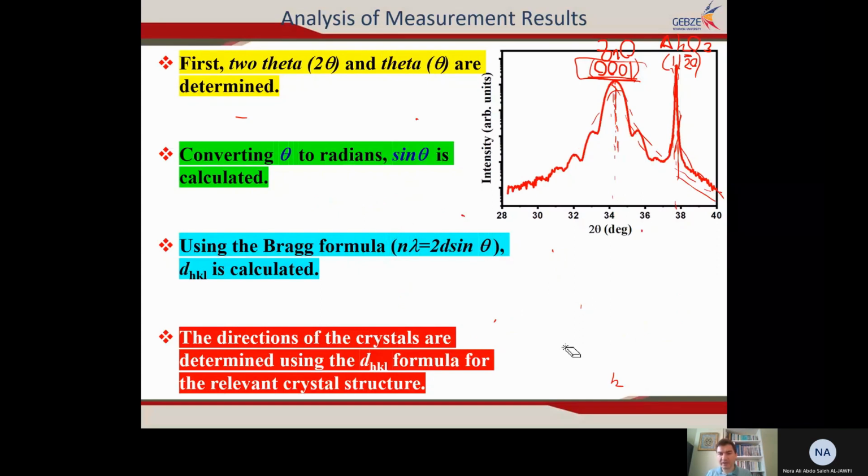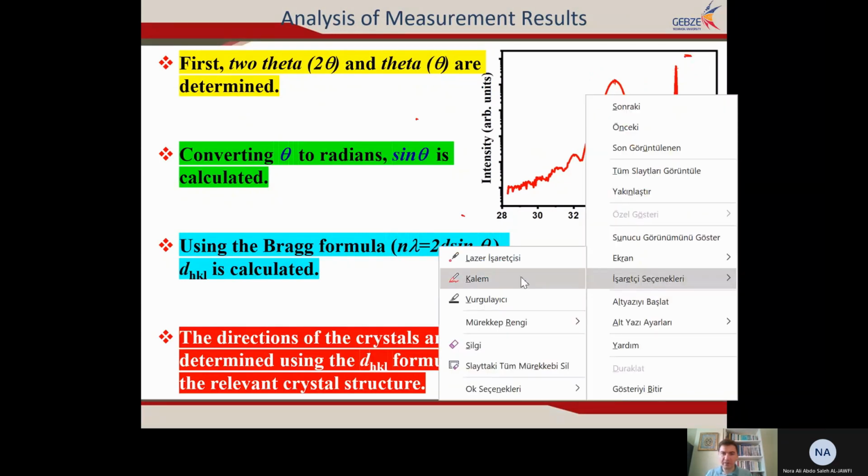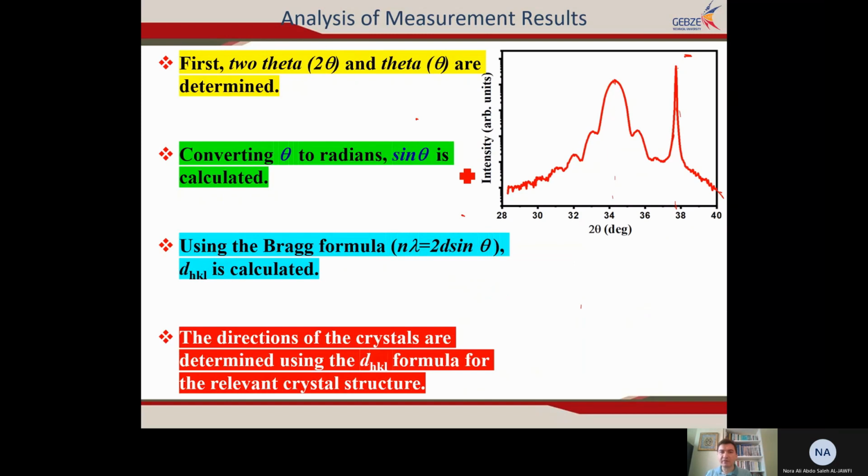What I have told you is that if you would like to analyze X-ray diffraction data, two important pieces of information can help you. One is intensity, the other one is Bragg's law. So what about intensity? What do you see here? Here we have a broader peak, and here we have a very sharp peak, more or less like a delta function.